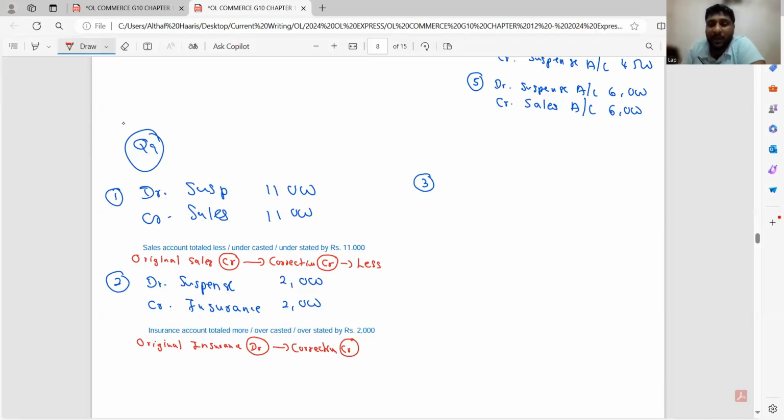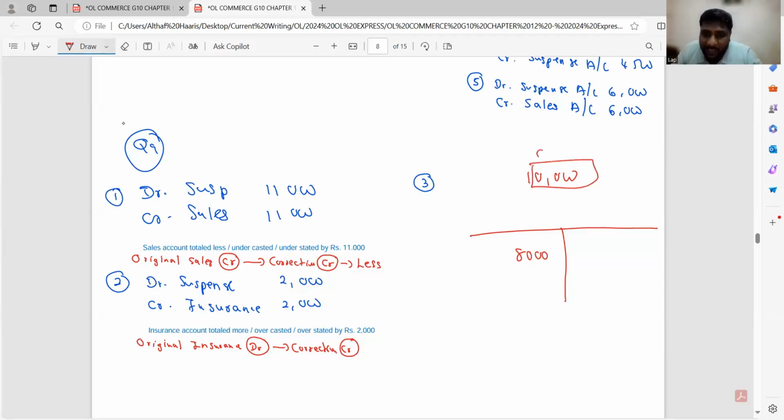Now think. Insurance is actually 10,000. If you put it as 8,000, a less amount, where should the remaining 2,000 be recorded?